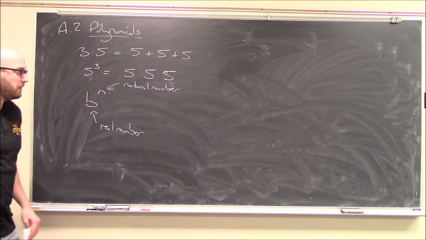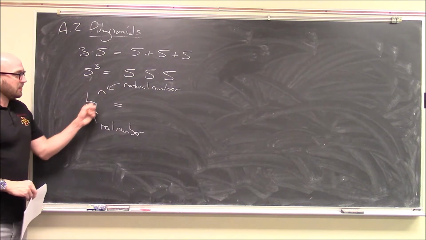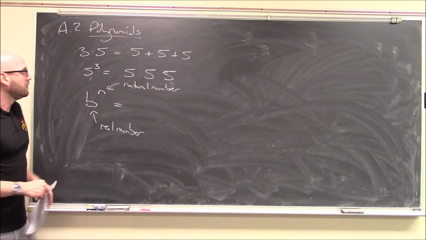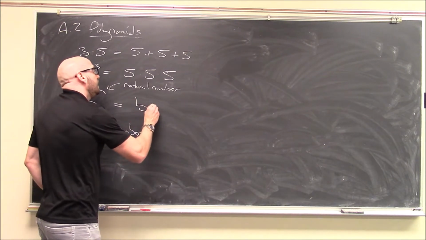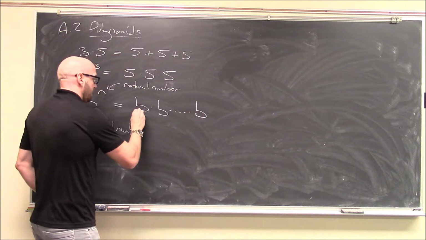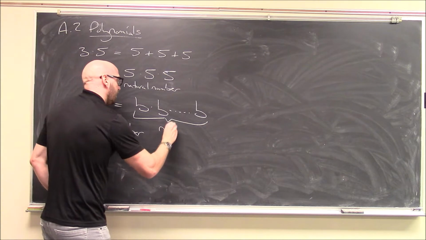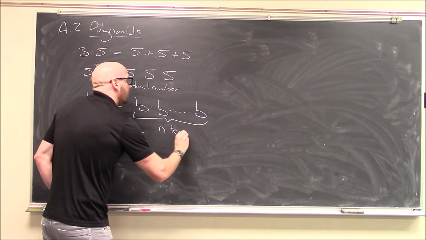So 1, 2, 3, 4, 5, and so on. The formal definition is, b to the n means multiply b by itself n times. So this would be b times b times b times b times b, n times. So n terms here.